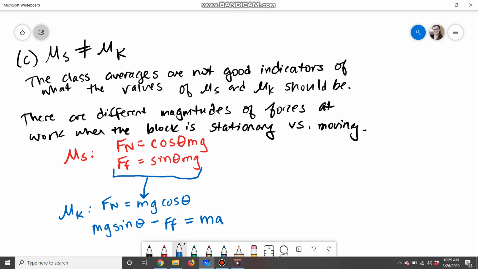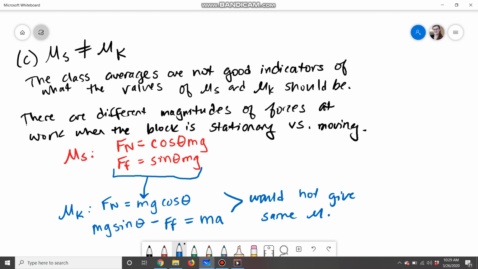So this would not give the same mu. I think that setting up the equations and proving it that way is definitely a good way for you to try and get all of your points on this one.